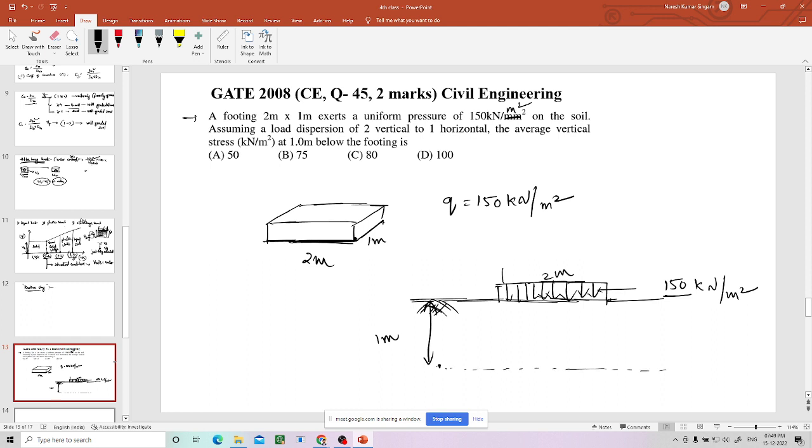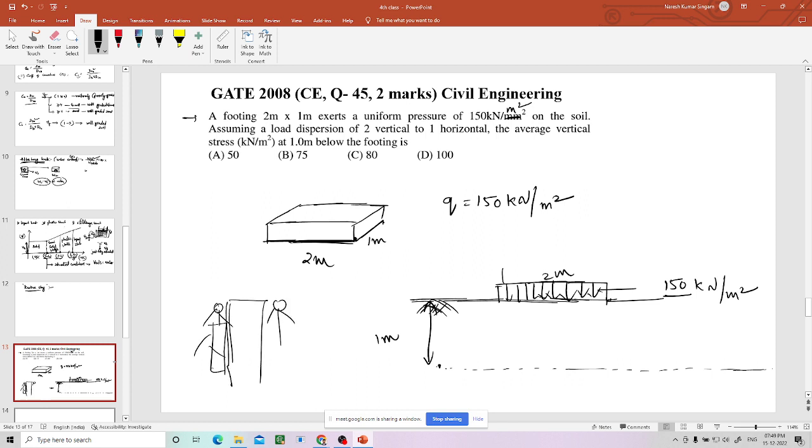It is definitely less, because just like that, suppose you are standing here, and there is one mattress.